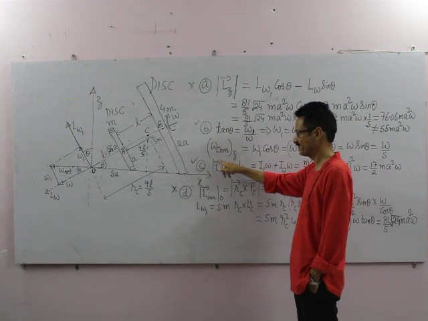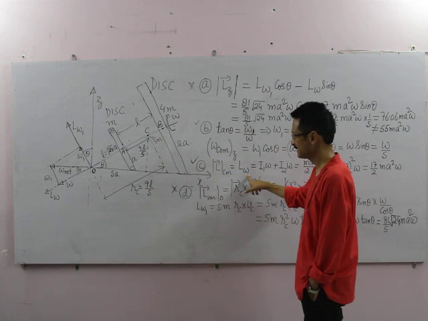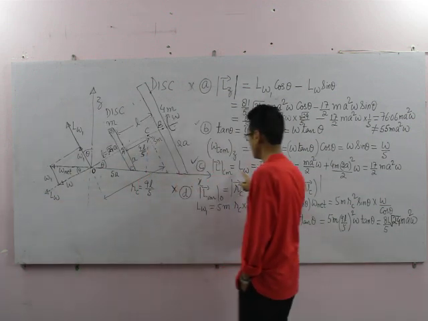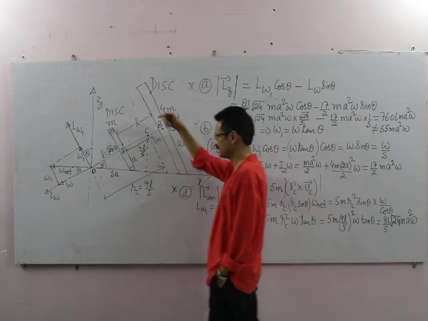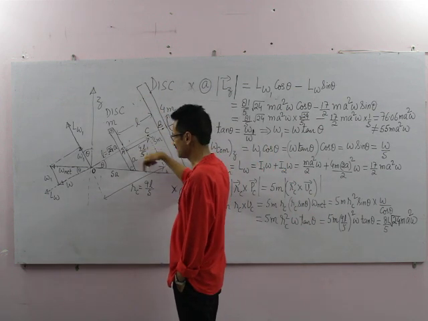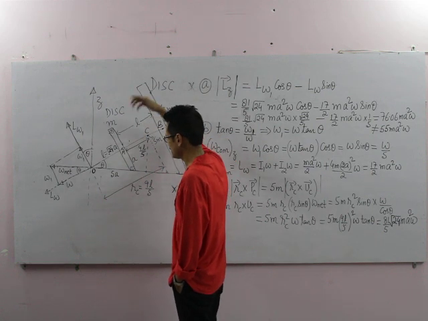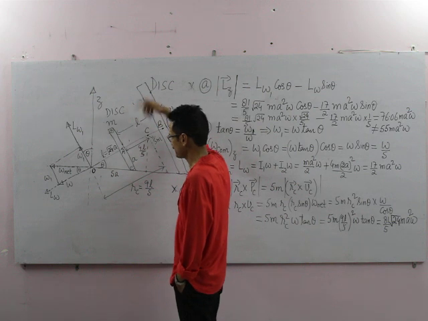So the mod of the angular momentum about the center of mass, let me call it L omega, which is this one. How can we calculate this? By assuming that the assembly is rotating about the center of mass.